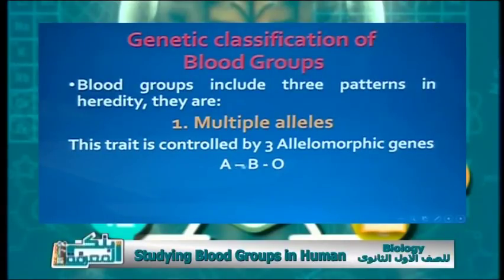This is why we can classify people according to the genes that they have. So 3 types of genes. This is why we call them allelomorphic genes or allelomorphic characters, multiple alleles.